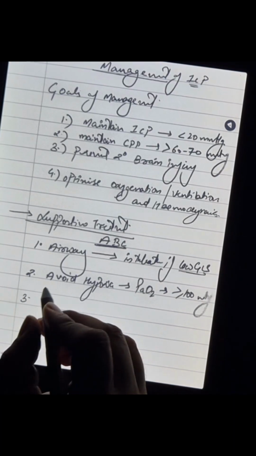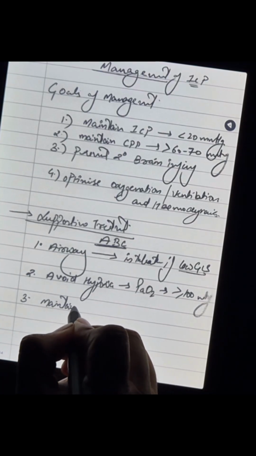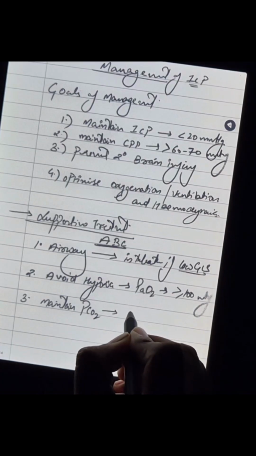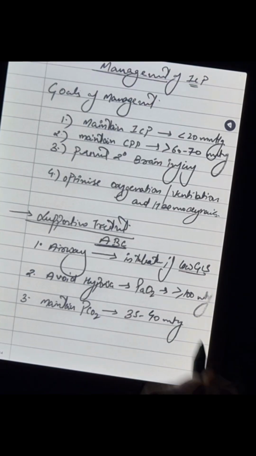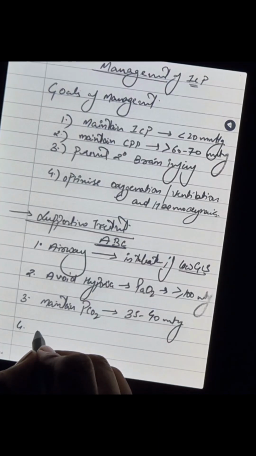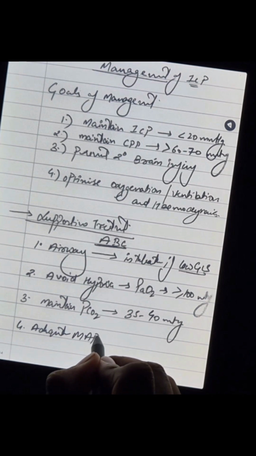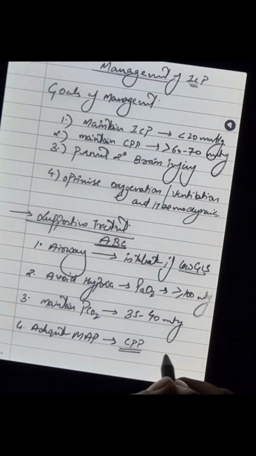Number third, we have to maintain PCO2 in between 35 to 40 millimeter of mercury, and also we have to maintain adequate MAP so that our cerebral perfusion pressure is maintained.